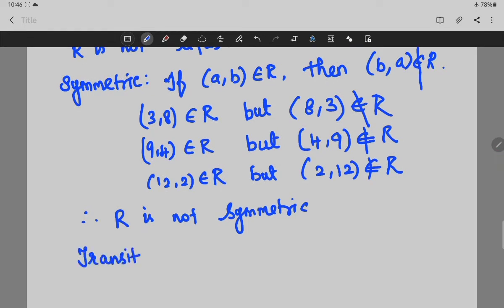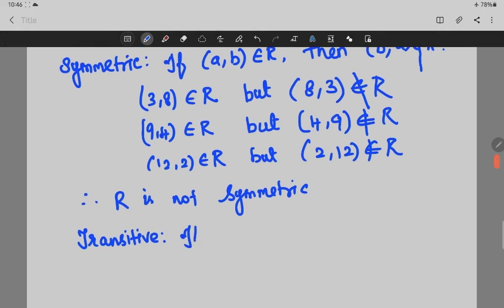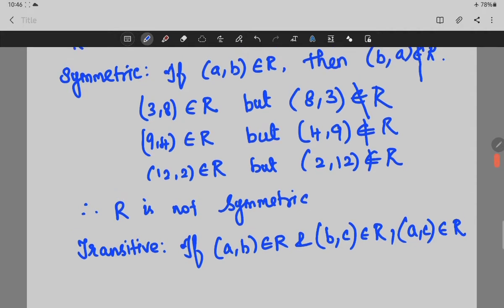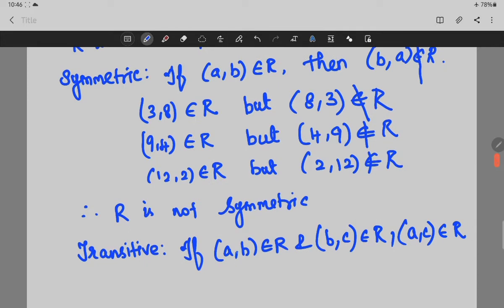Next we have to go to transitive. What condition has to be satisfied? If (A, B) belongs to R and (B, C) belongs to R, if these two ordered pairs are there, we can very well say (A, C) belongs to R. So this condition has to be satisfied. First, the given two pairs should be in the relation.